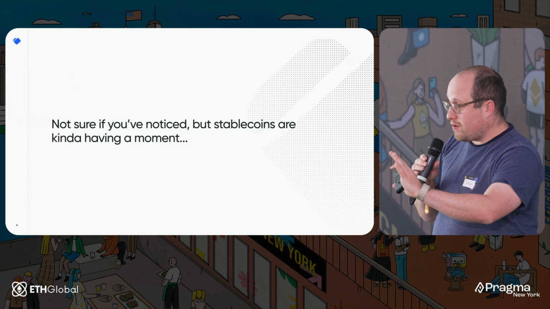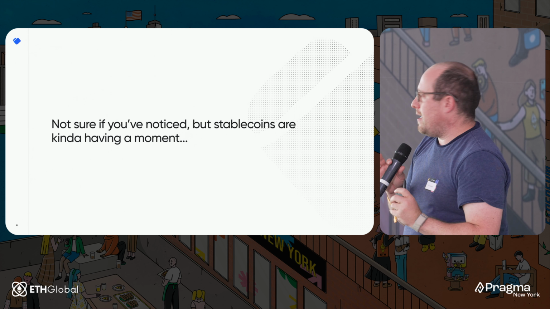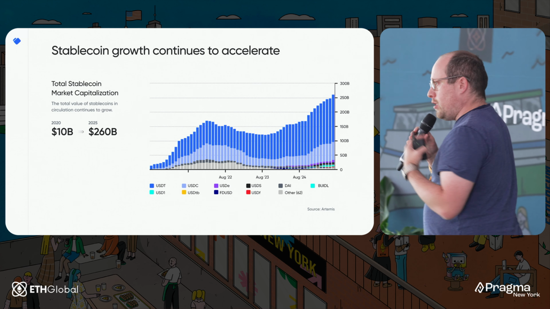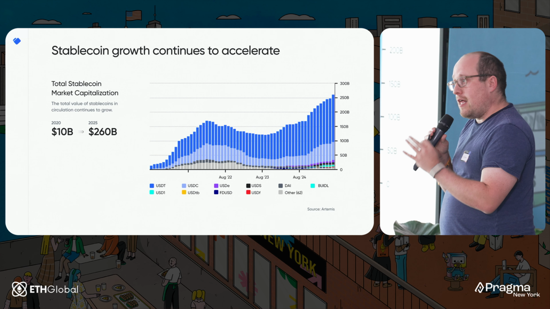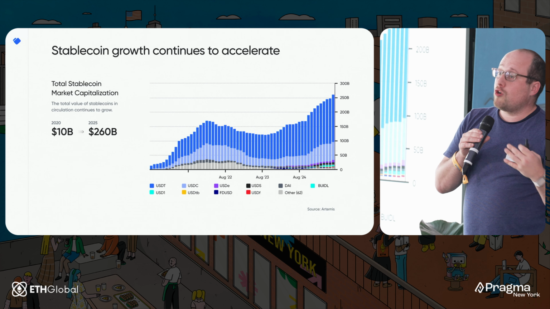Not sure if folks have noticed, stablecoins are kind of having their moment. Right? It's very subtle. But if you read between the lines, stablecoins are actually having their moment. And we're seeing that in the data. Stablecoin growth is accelerating. Obviously, we're seeing this across things like the Circle IPO.